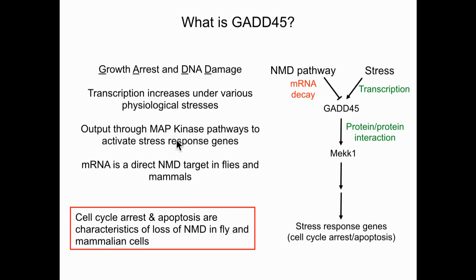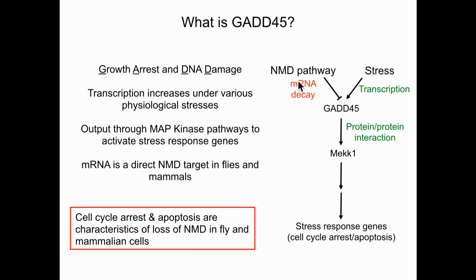One reason this was very exciting is that the mRNA, as I told you, is a direct target in flies, and it's also one of the extremely few conserved direct NMD targets between flies and mammals. The other interesting thing is that cell cycle arrest and apoptosis are characteristics of loss of NMD in flies.